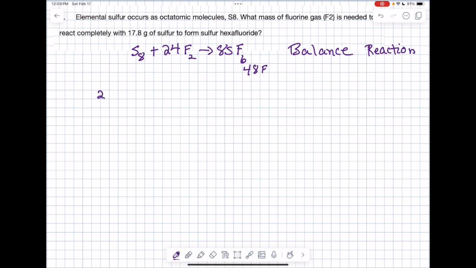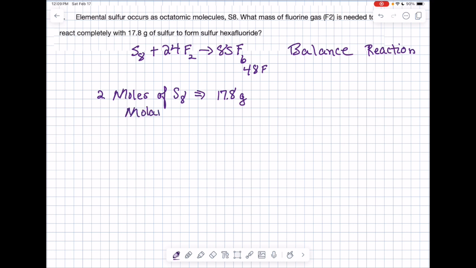The second step then is calculate the moles of our given material. Which in this case is S8, as we start with 17.8 grams. All right, so in order to calculate the number of moles, what do we need to do? We need the molar mass.